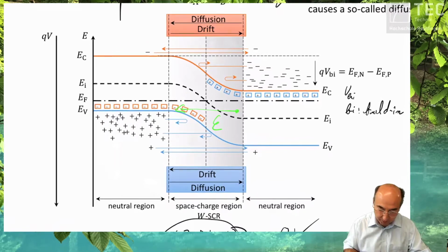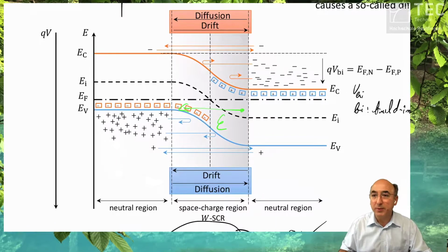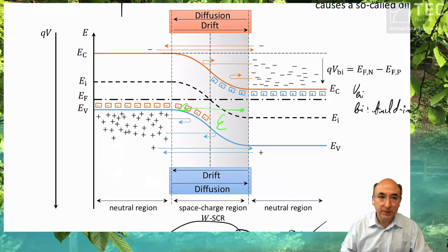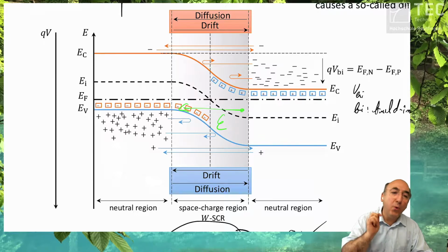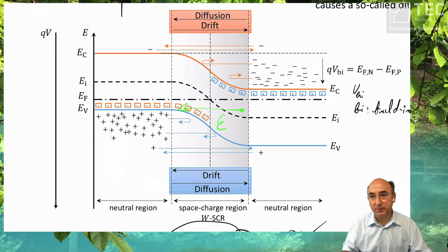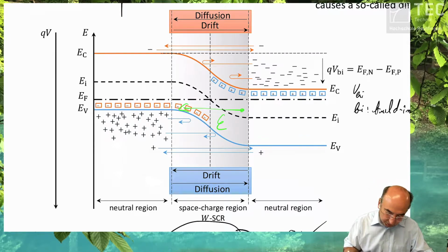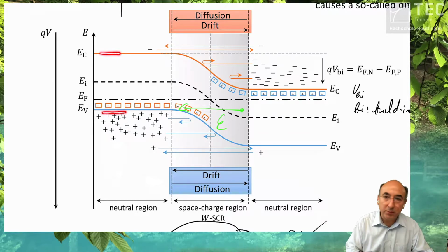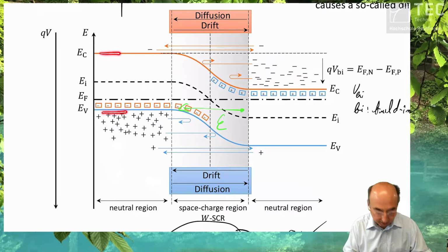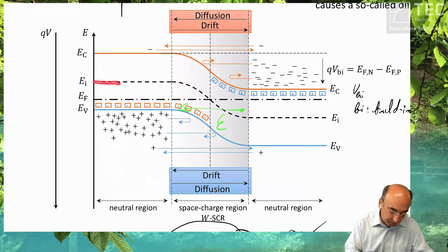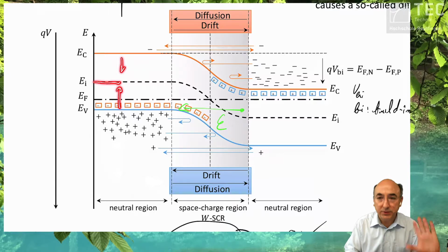This is the most important picture on semiconductors because all you can see here is one by one relevant for all semiconductor devices, because you see here the band gap. Semiconductors have band gaps. The intrinsic level is in between of the band gap, roughly.